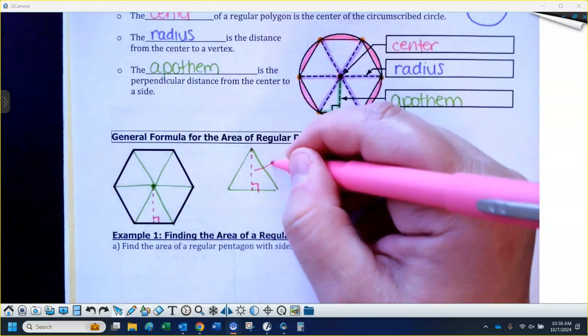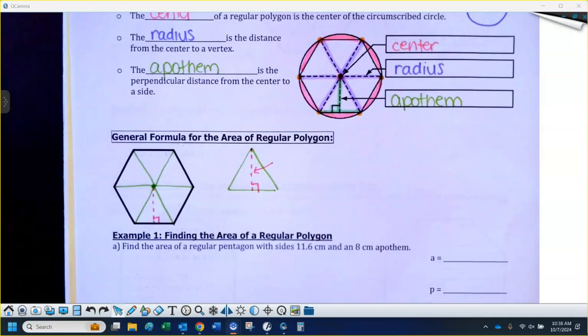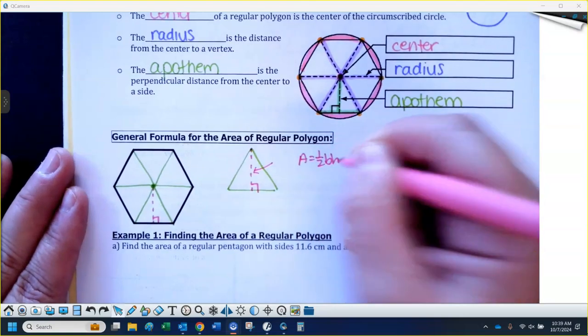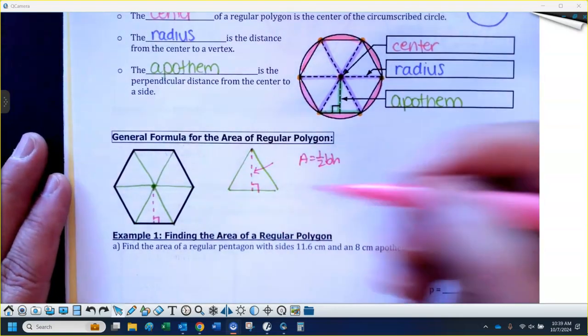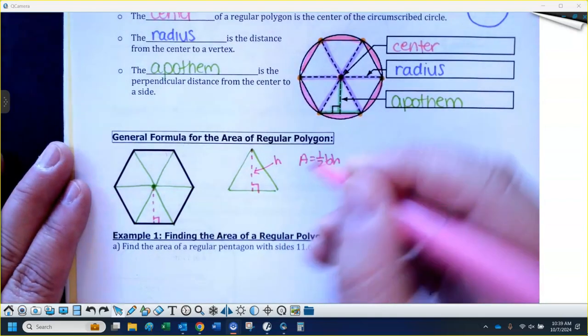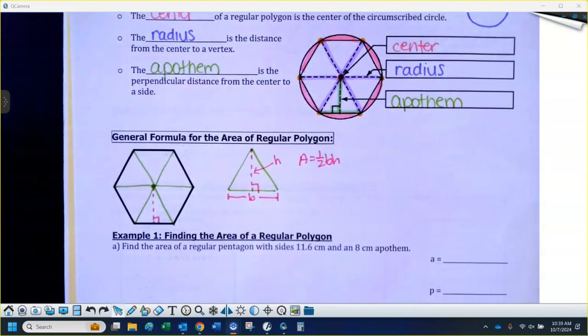What would this little dotted line represent for the triangle? How would you find the area of a triangle? Do you remember? Yes. Okay. Area is 1/2 base times height, right? What would this little dotted line be for that triangle? The height. Okay. Now, this would be the base, right?